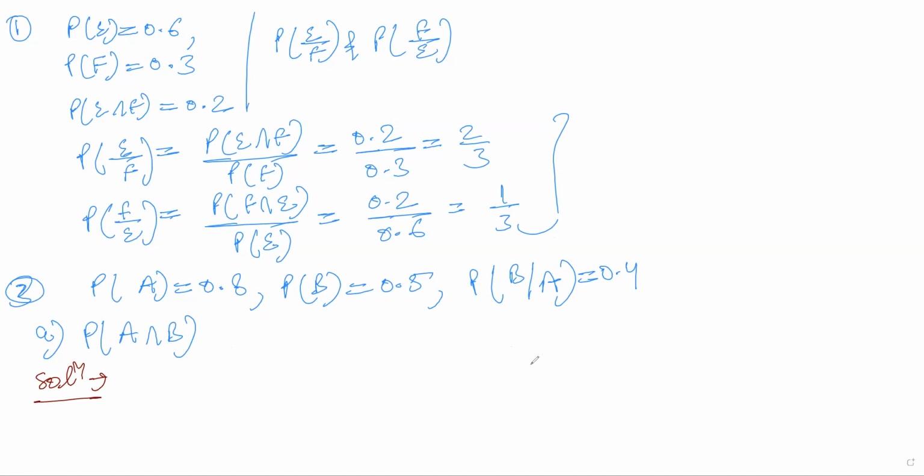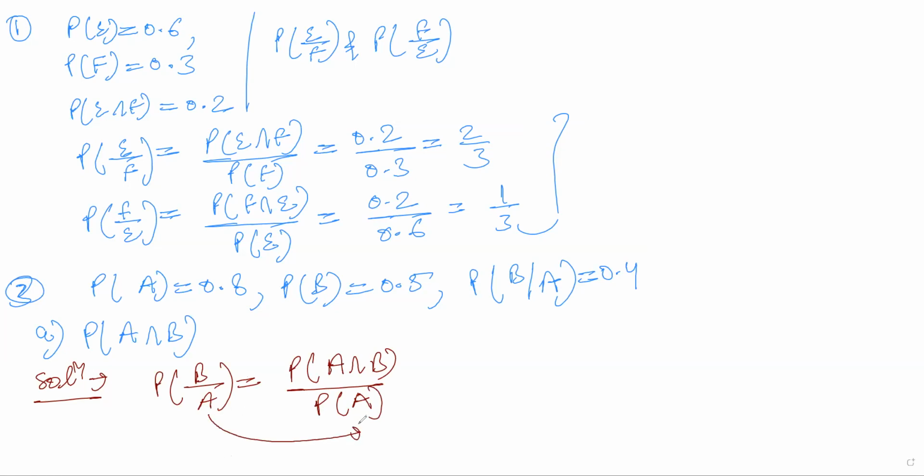Okay, Naziha. Probability of B given A can be written as probability of A intersection B divided by probability of A. So always you can remember this like this, that the given event comes in the denominator. So if probability of B given A is given, in that case, probability of A will be in the denominator.